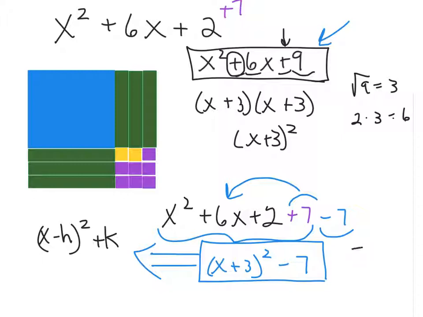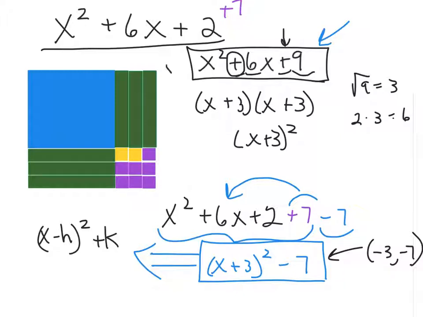So we can easily find our vertex now off of that. It's going to be -3, -7.